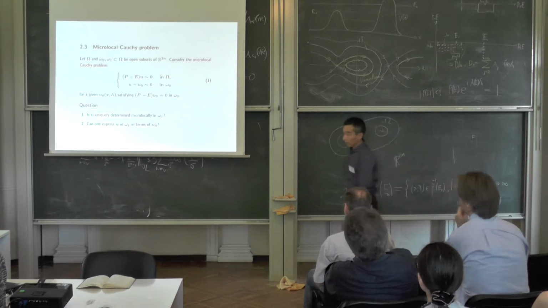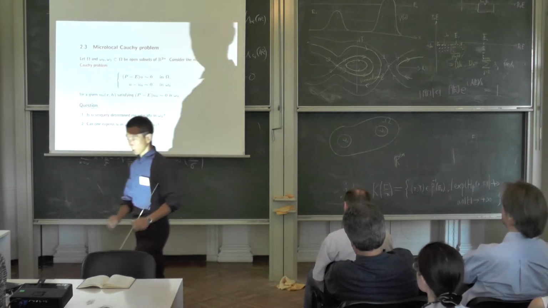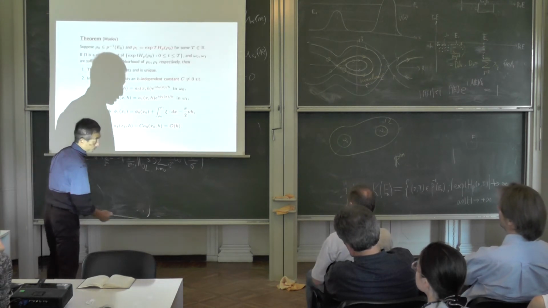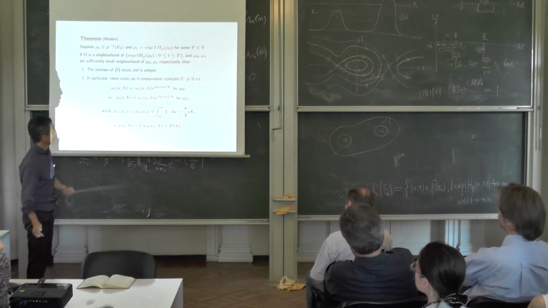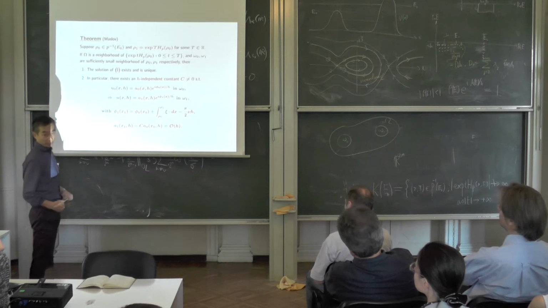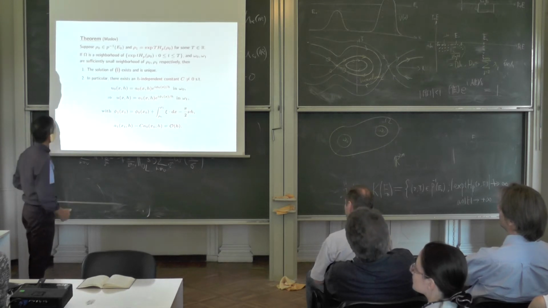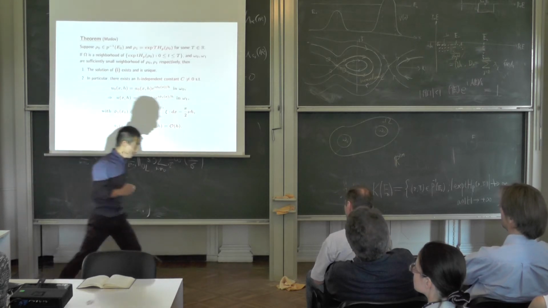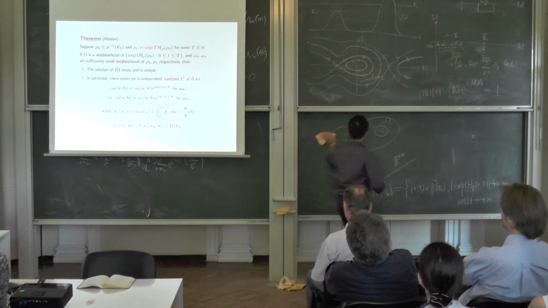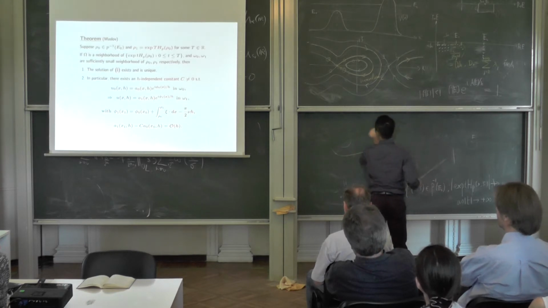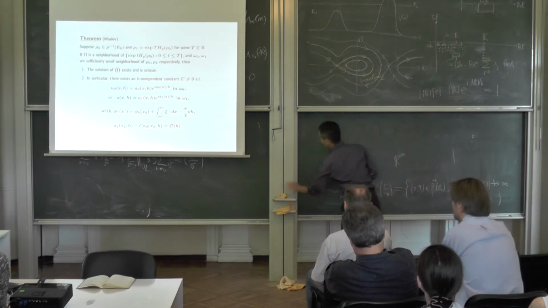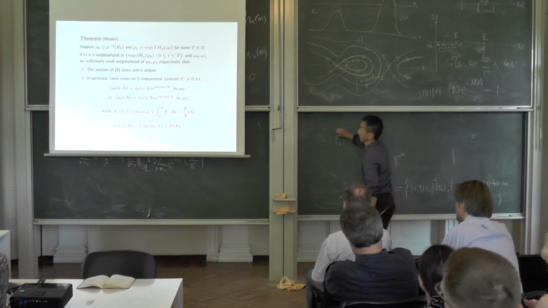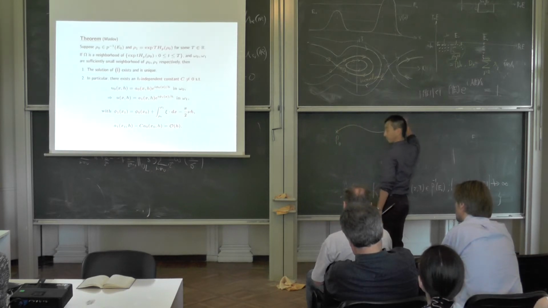Okay. And the answer is on the next page. The first one is a result by Maslov. And first, the answer is yes. Now we consider the case where you have a point rho 0, and you have a Hamilton flow.